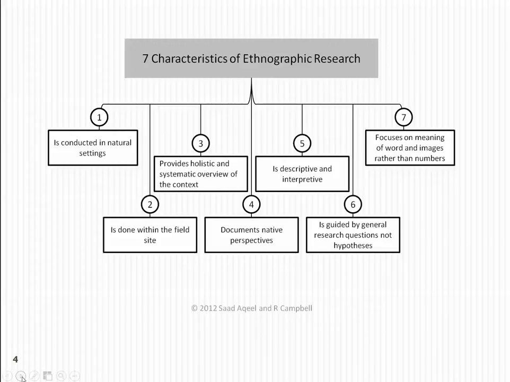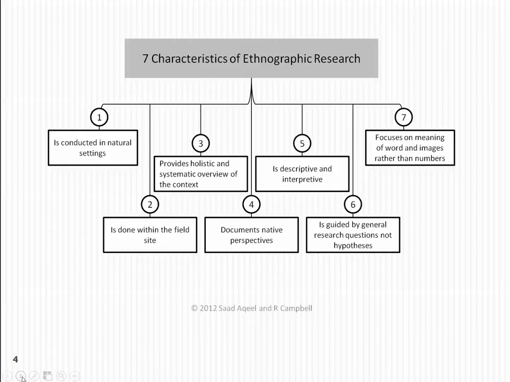In other words, since it is a real-life setting, even though, say, the research project might be to study politics in a particular community, because you're actually in the community in the natural setting, you also see how politics is related to other aspects of life, maybe to religion, maybe to marriage, or whatever. That's what is meant by holistic.